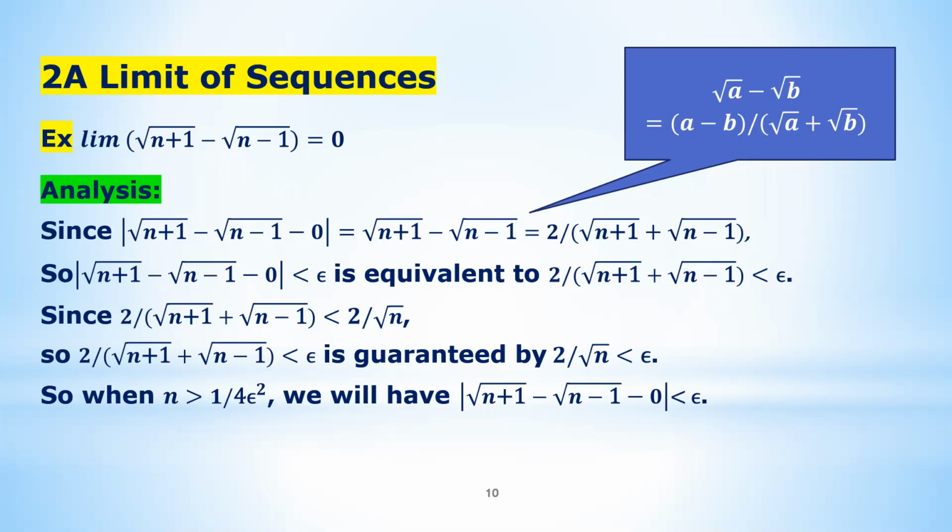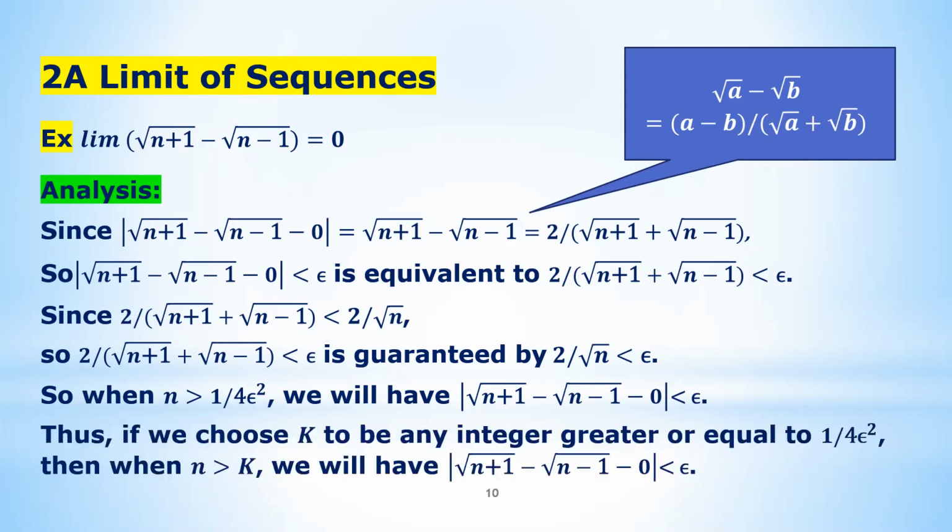That means when n is greater than this, you will have that 2 over square root of n is less than epsilon, and therefore the original inequality holds. So you need to choose k to be any integer greater than 1 over 4 epsilon squared, and then you will be able to get the final inequality to get the proof done.